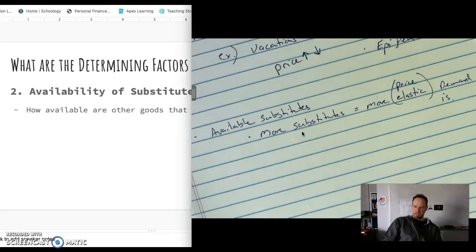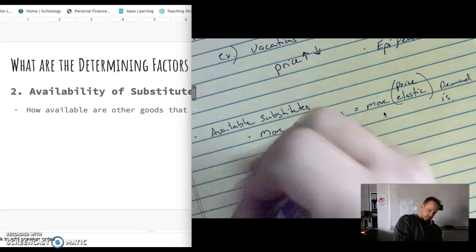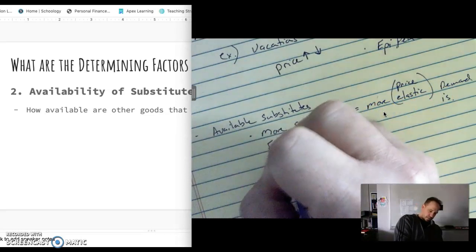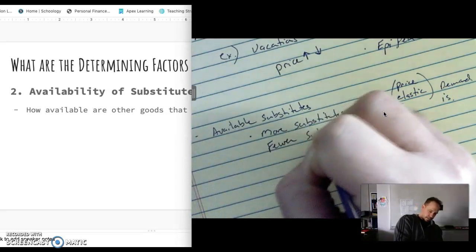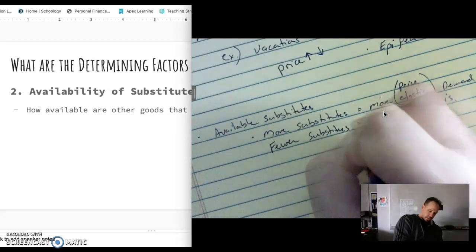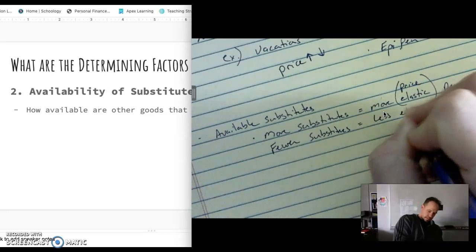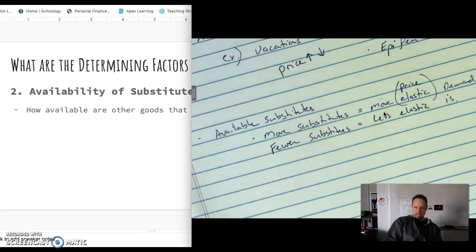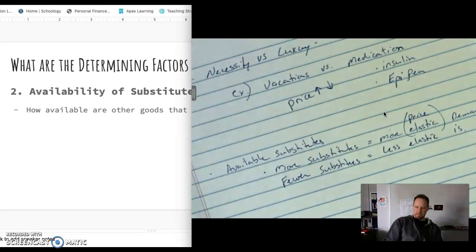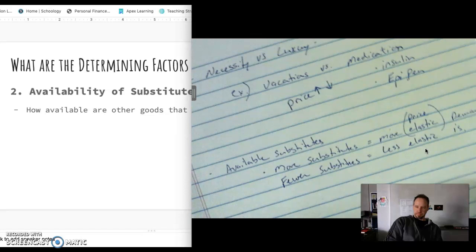So more substitutes, more elastic. Fewer substitutes, less elastic. And that relates to our previous example as well. There's not a lot of good substitutes for a diabetic other than their insulin, right? So fewer substitutes, less elastic, more inelastic.